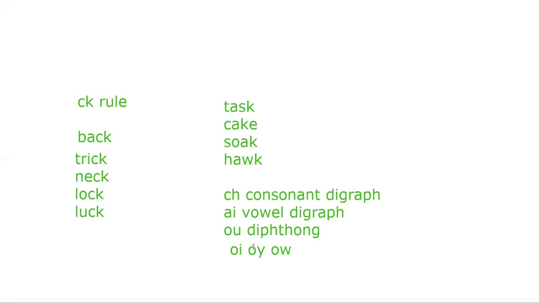Now we come to the next rule. In a one syllable word, if there is a j sound after a short vowel sound, then it is DGE. DGE gives the j sound just after the short vowel.